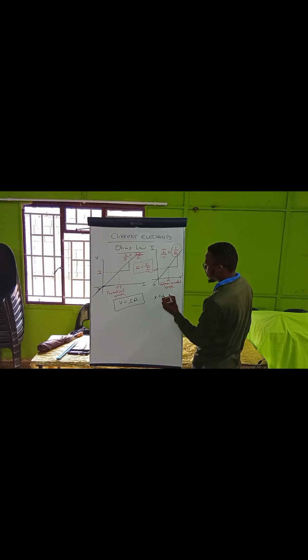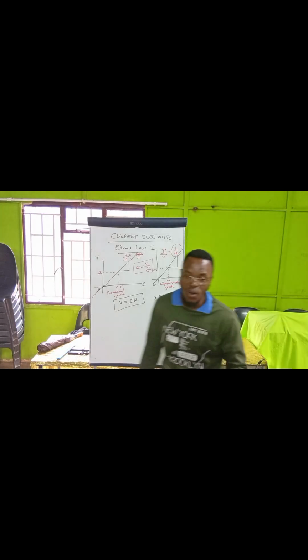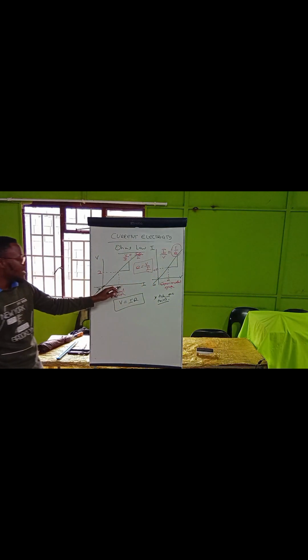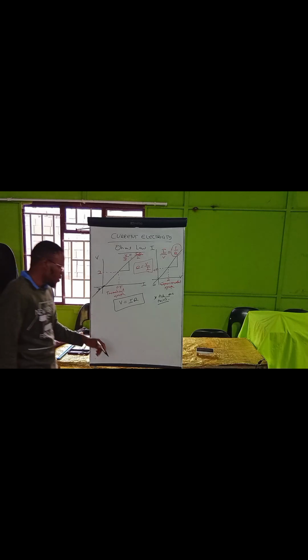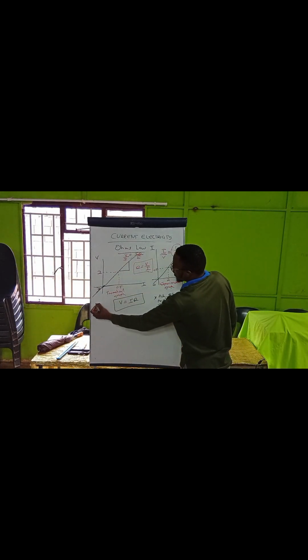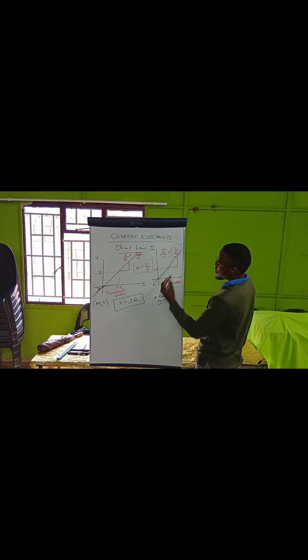In both cases, pick one point. In other words, you pick a value of the voltage with its corresponding current. So for instance, in this case the point is 0.5, 2, and in the other, the point is 2, 0.5.